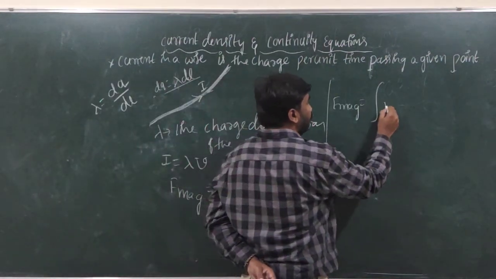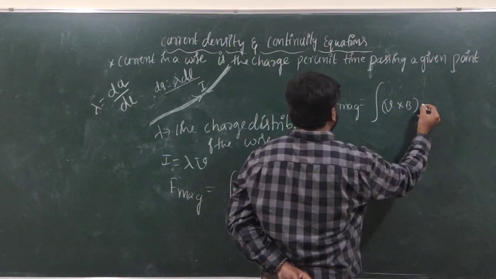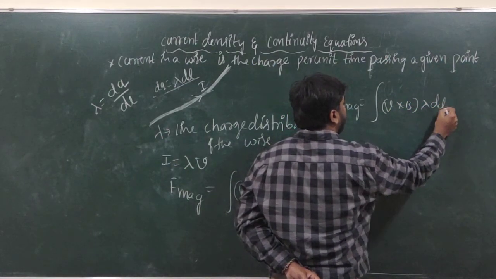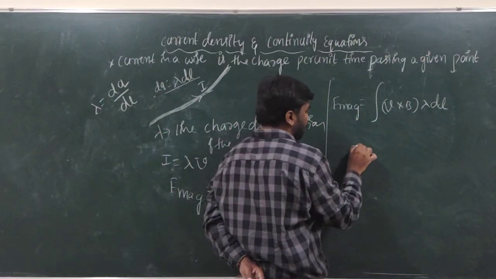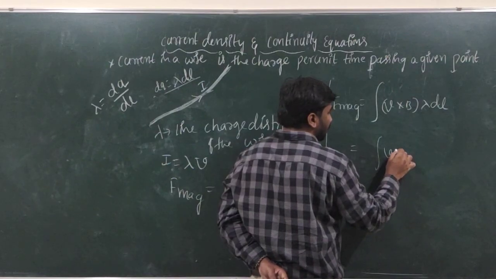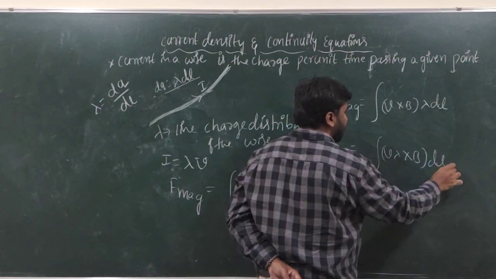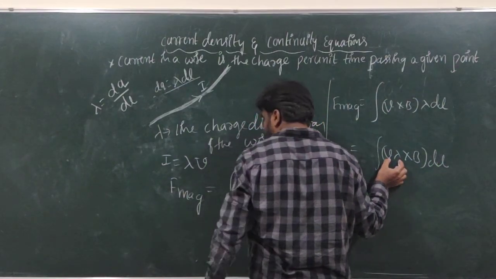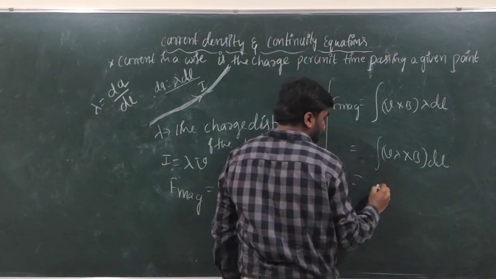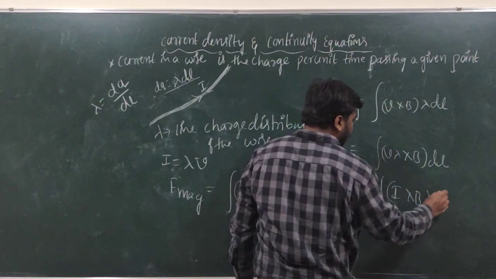We can write this as the integration of V lambda cross B into dl, and V lambda is nothing but I. So it is the integration of I cross B into dl.